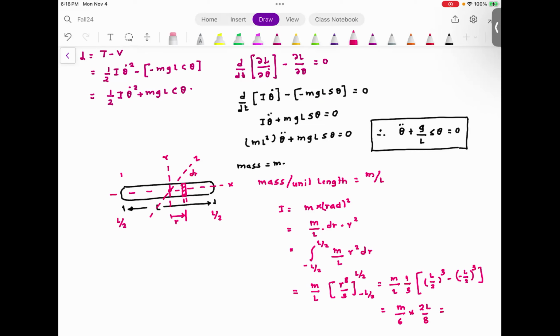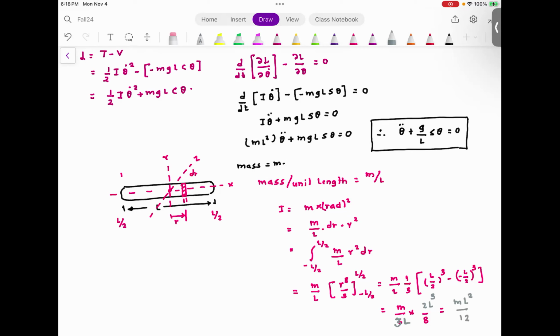So this becomes M by 3L multiplied by 2L cube by 8, and this becomes M L square by 12.